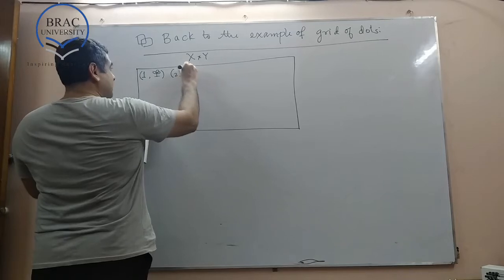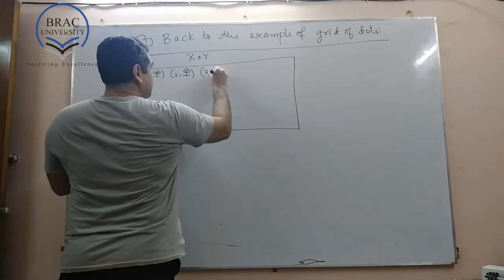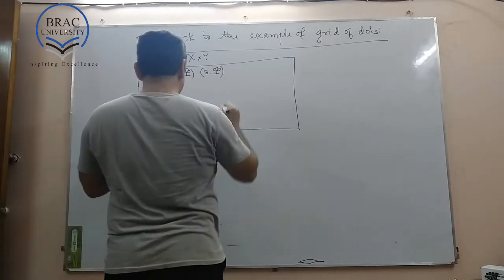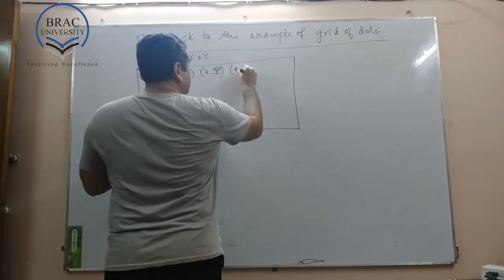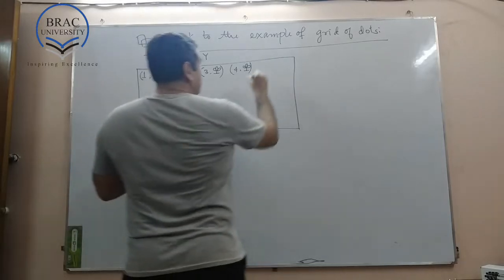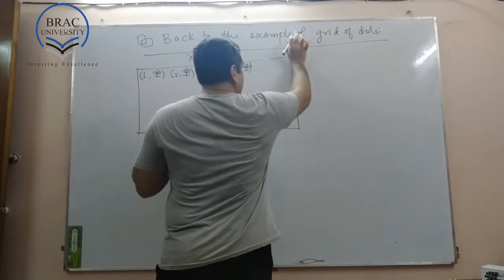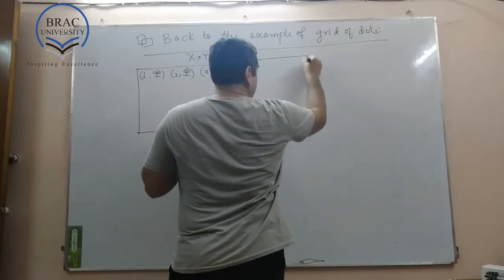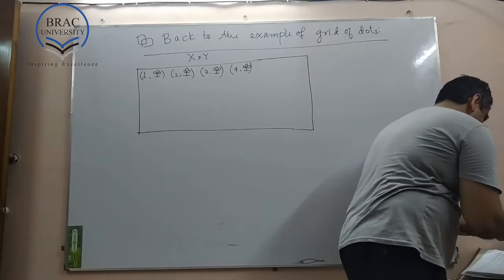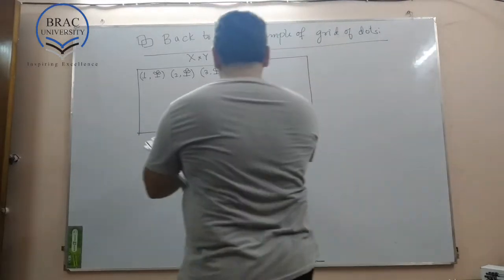2, club. 3, club. 4, club. 5, club. So 5, club I put in a different color. 5, club, and then I write it in red color.